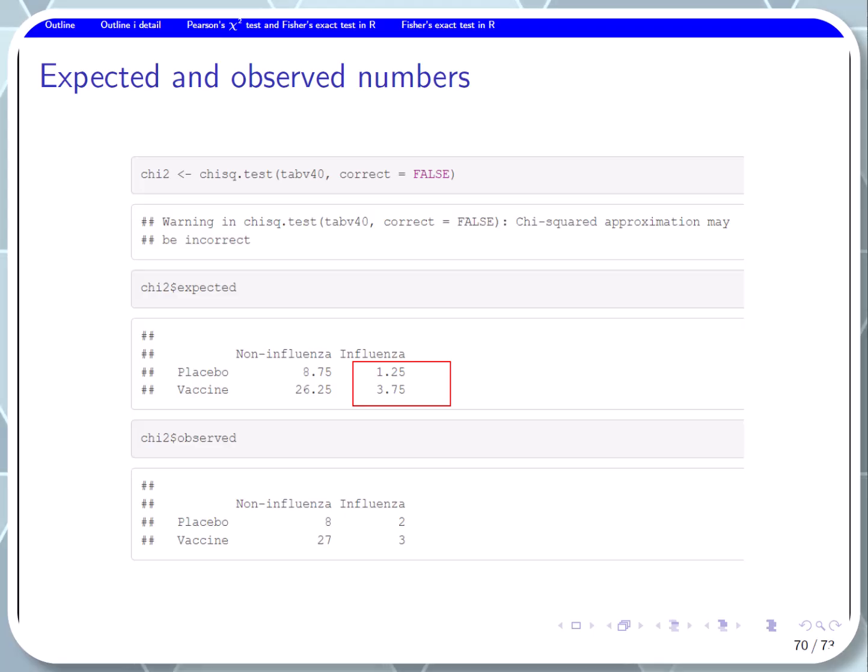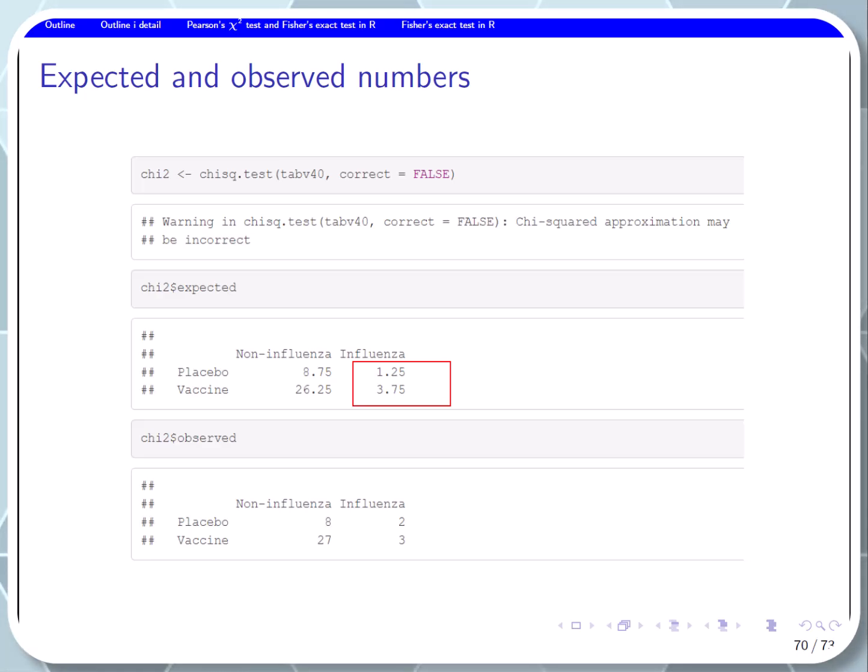If you revisit the video of Pearson's chi-square test, part 3, validity of Pearson's chi-square test: in this case, the sample size is 40 and the smallest expected number is below 5. Therefore, the Pearson's chi-square test is not a good approximation.